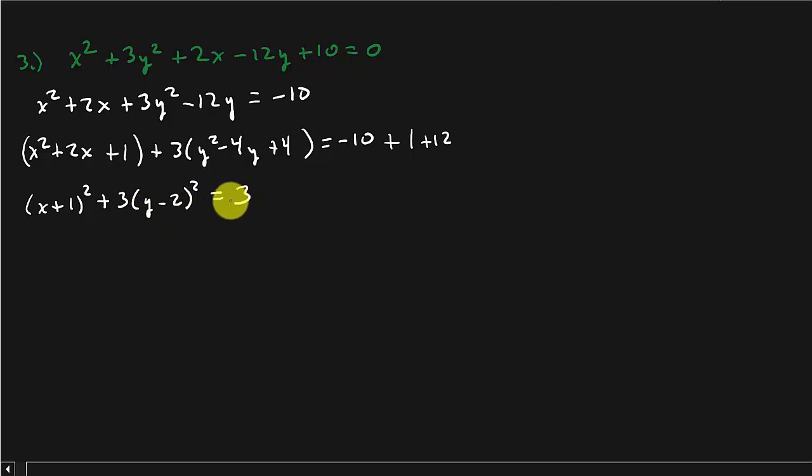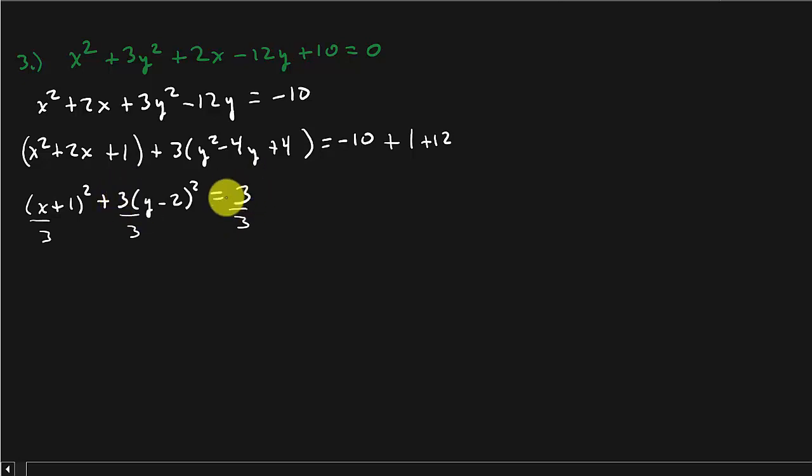All right. So remember, this has to be a 1. Okay, that has to be a 1. So I've got to divide everything by 3. Now, I want you to know here, I'm not dividing because of this 3.